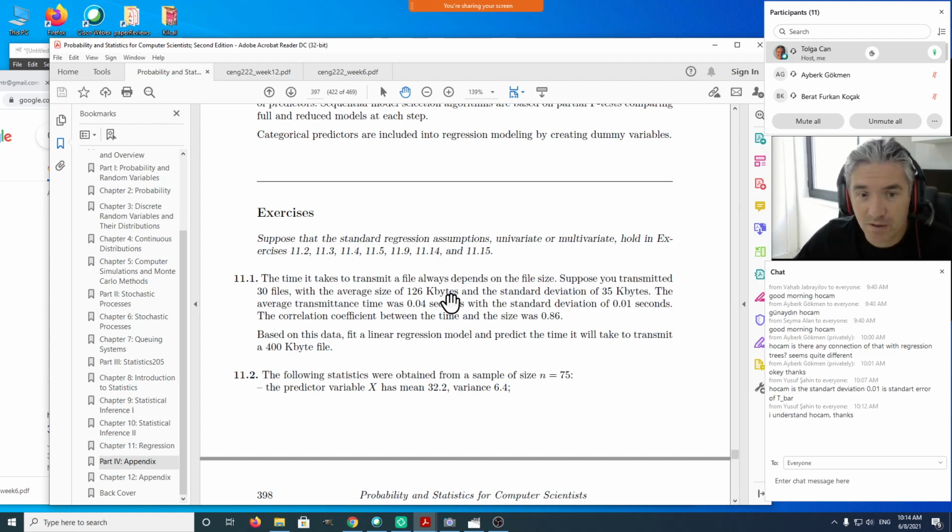So you can double check whether it makes sense to have the transmission time 0.1. Because if you mess up the formulas, change the positions of sy and sx, you may get way off values, way off predictions. For example, if you got 0.00001 seconds to transmit that, it would not make sense, right?